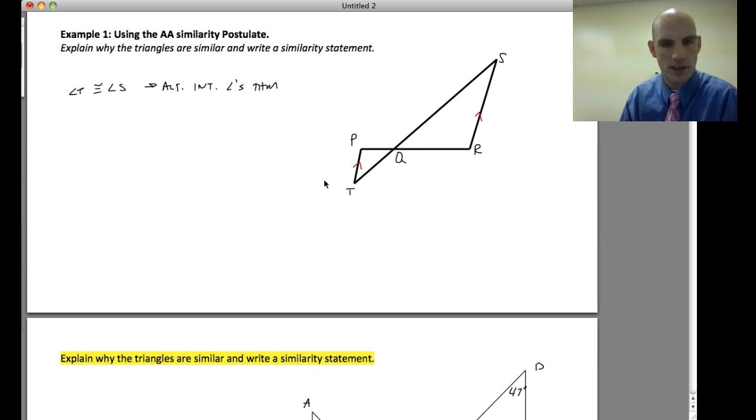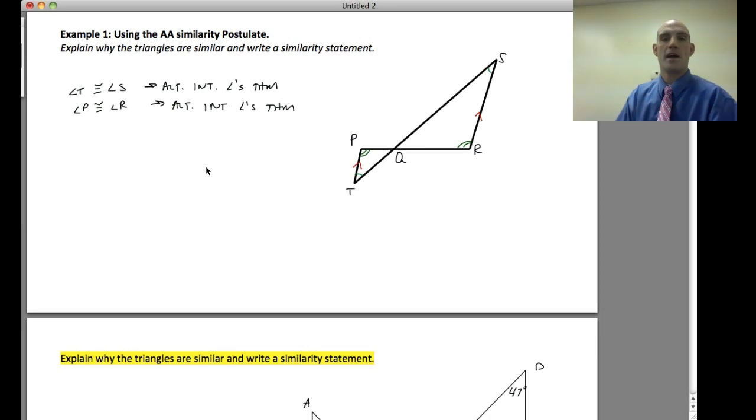I'm going to go ahead and mark that. And I can also say that angle P is congruent to angle R. Same reason, alternate interior angles theorem. I can mark those as well.